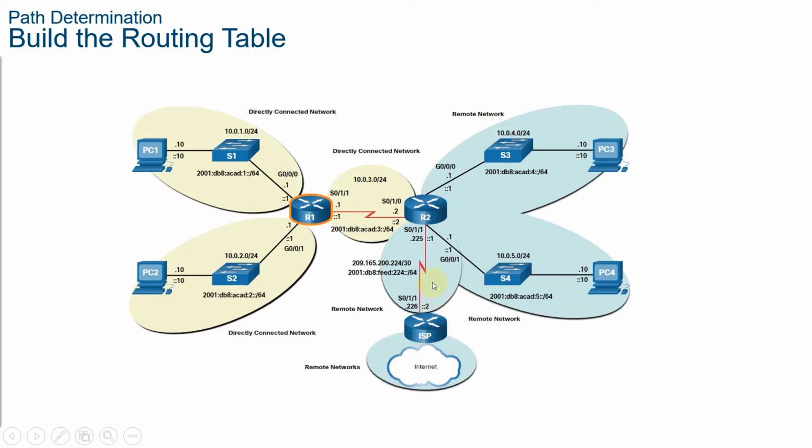Of course, all of these are remote to R1. There are also 3 networks or subnets connected to R2. These are 10.0.40.0, 10.0.50.0, and 209.165.200.224.